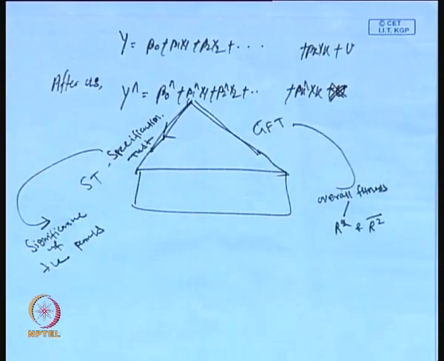R-square is the coefficient of determination, and accordingly we have to see whether the R-square is statistically significant or not. In the specification test we usually use the t statistic to check the significance of the parameters, and on the other side, for GFT, we use the F statistic to check the overall fitness of the model.